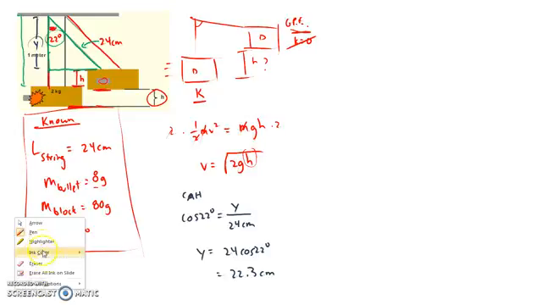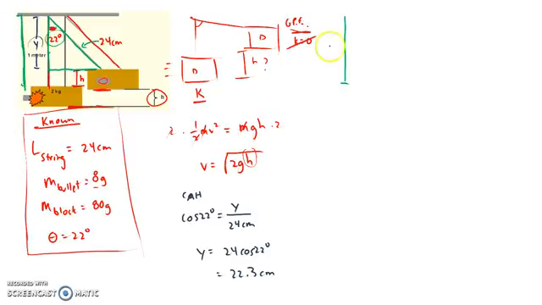Let me use some colors here, it might help you. This length right here, we said is 24 centimeters. This length, y, we just found using right angles to be 22.3 centimeters.